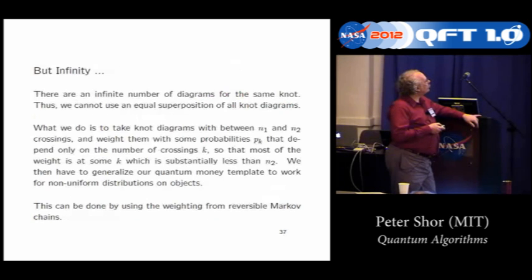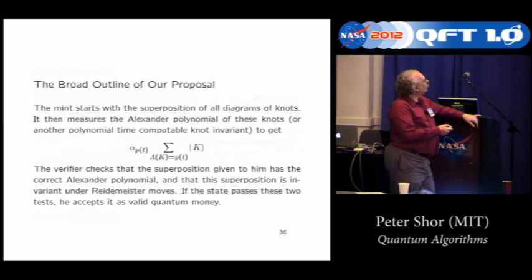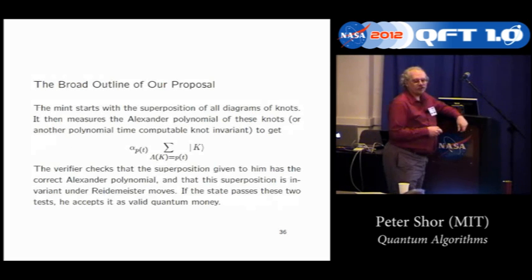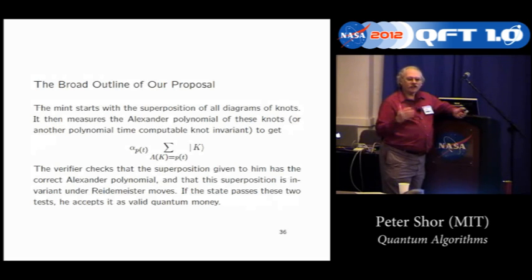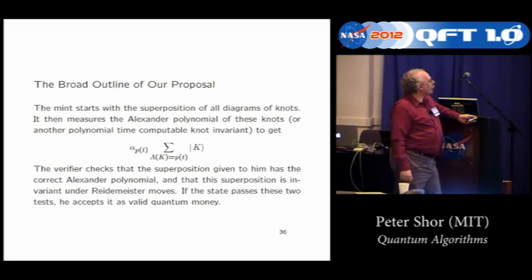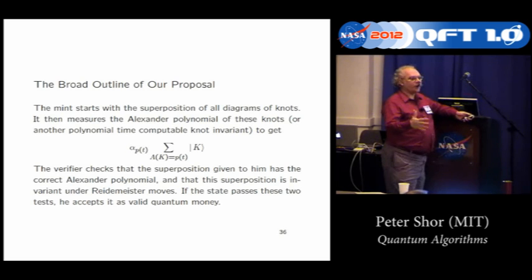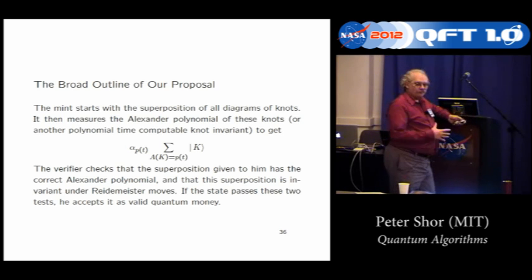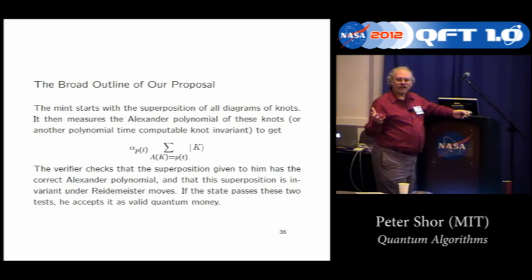Okay. So the idea is that what the Mint does is it takes the superposition over all knots and it measures the Alexander polynomial. And the Alexander polynomial is a long and complicated thing, and there are exponentially many Alexander polynomials for grid diagrams of size n. So if the Mint wants to do it this way, they create this superposition of all knots and then measure the Alexander polynomial, and they get a random Alexander polynomial.